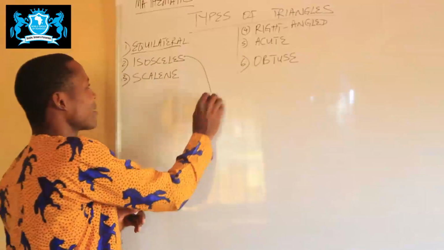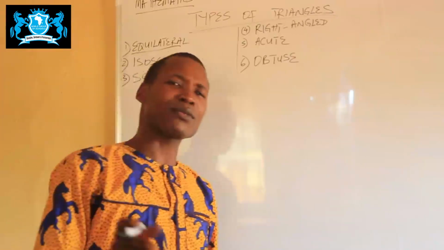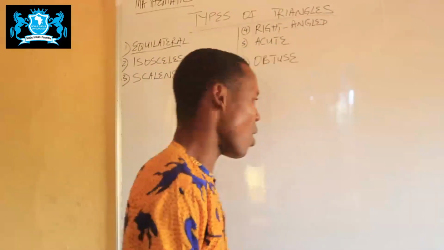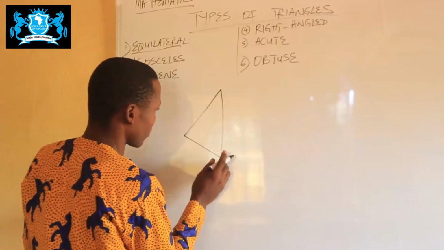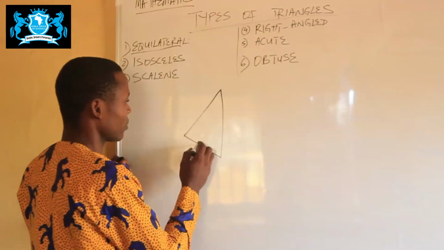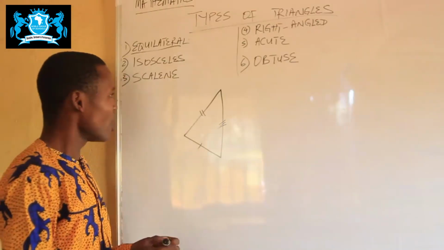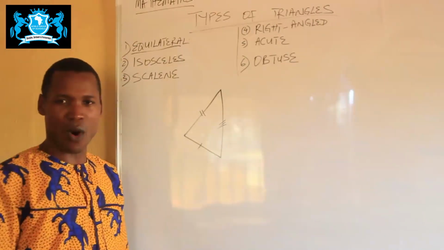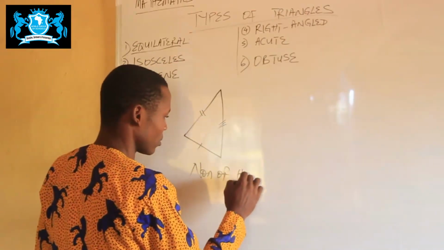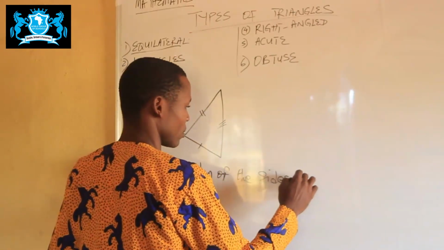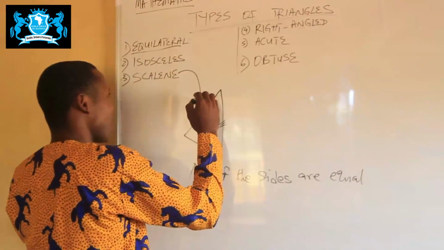We'll now go over to the scalene triangle. Say it: scalene triangle. In this kind of triangle, none of the sides are equal.